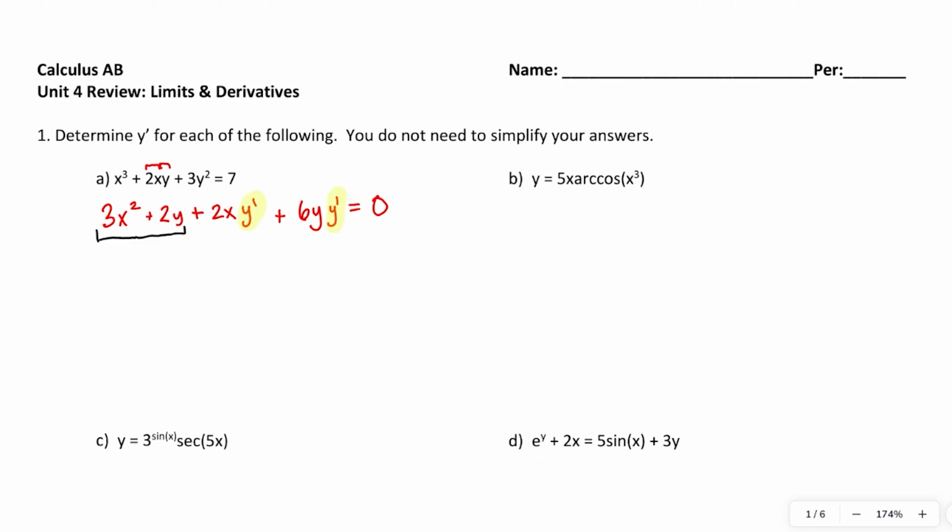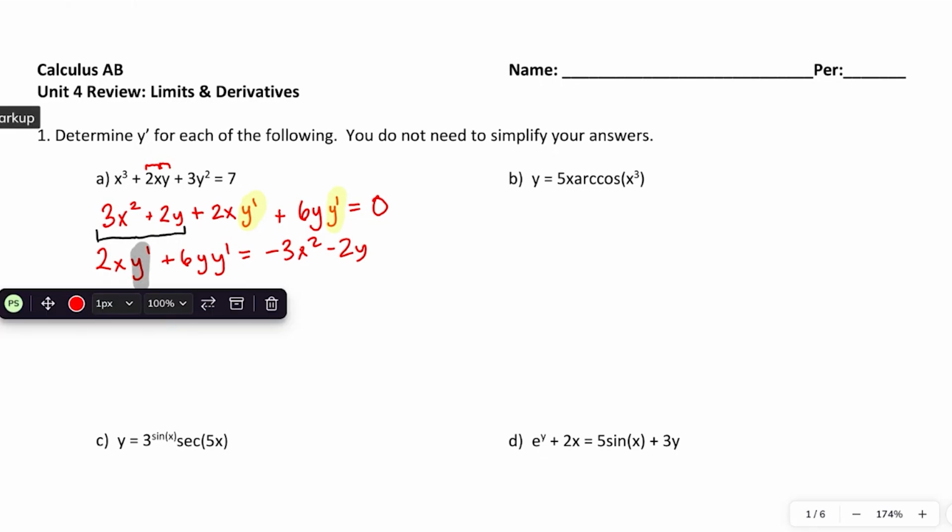So we'll start by moving the 3x squared plus 2y over to the right, and that'll give me 2x y prime plus 6y y prime equals negative 3x squared minus 2y. And then I'm going to factor out that y prime, which is what I'm trying to solve for here. All right, this is y prime right here.